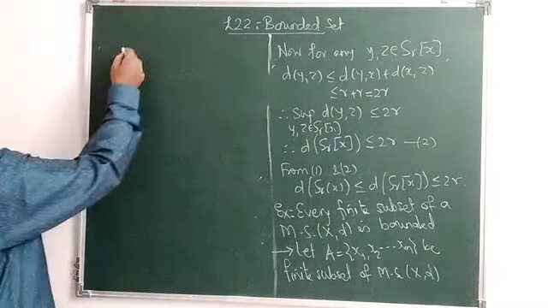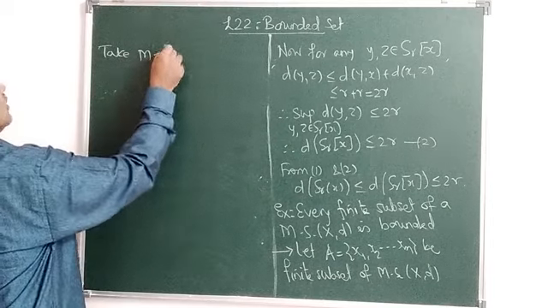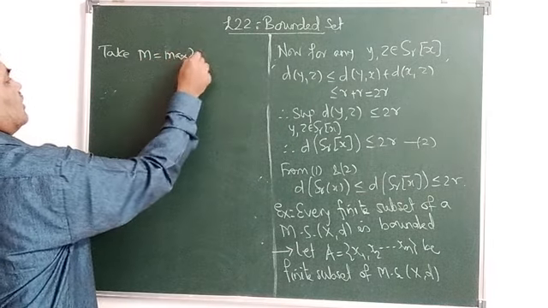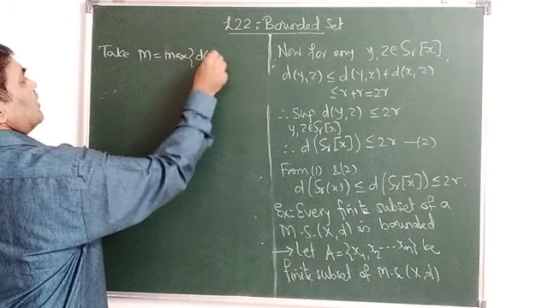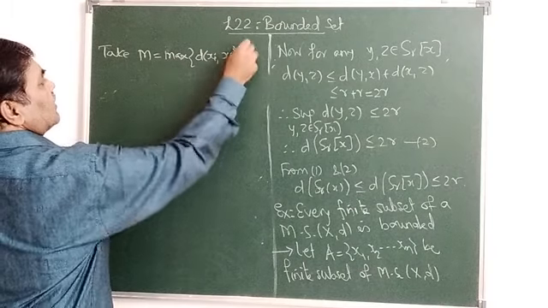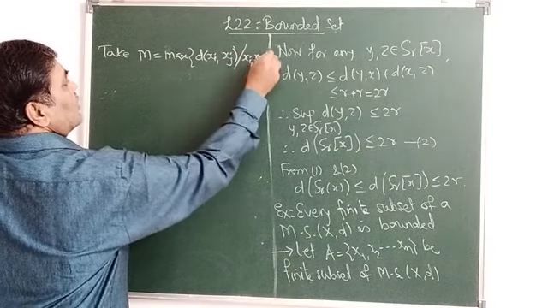Take M equal to the maximum of d(xi, xj), where xi and xj belong to A.